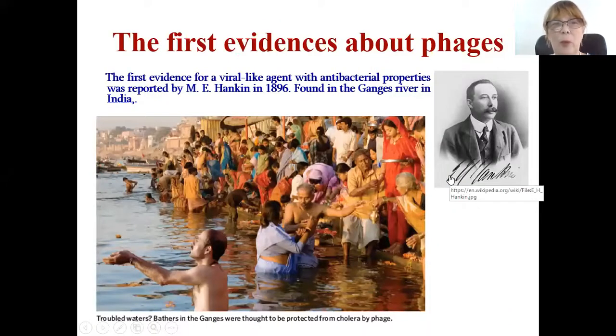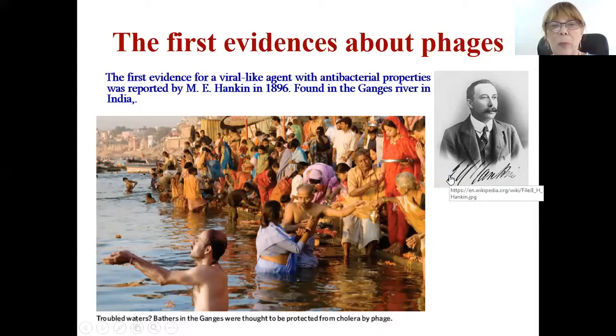And what are the first evidences about bacteriophages? The first evidences were practically found in the end of the 19th century. There was Ernest Hankin, an English doctor who worked in India, and his visit to India coincided with the outbreak of cholera.